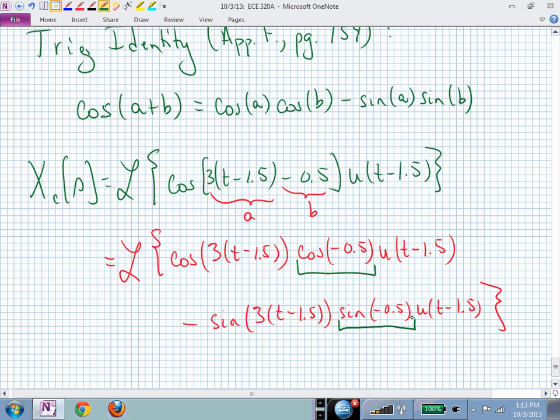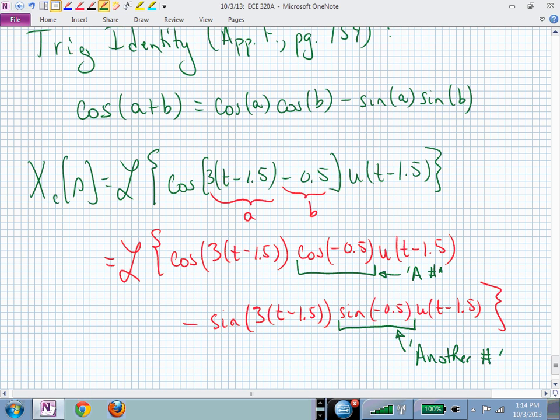As is the sine of minus 0.5. This is just a number. And that sine of minus 0.5 is another number. And those can be factored out of the Laplace transform operation.